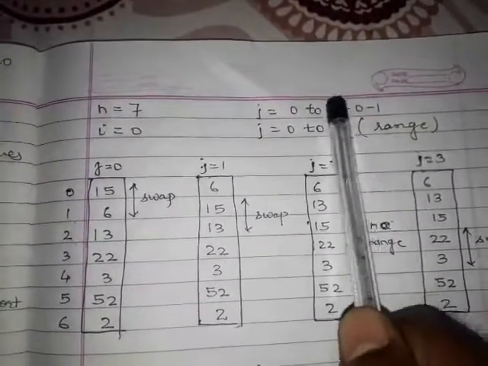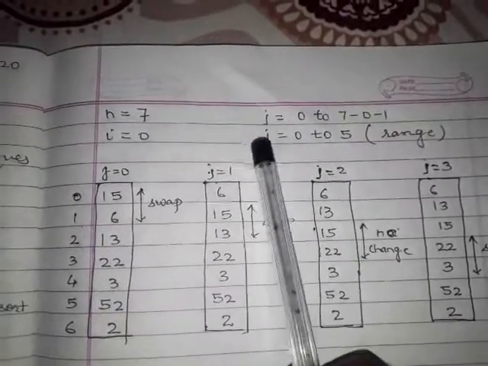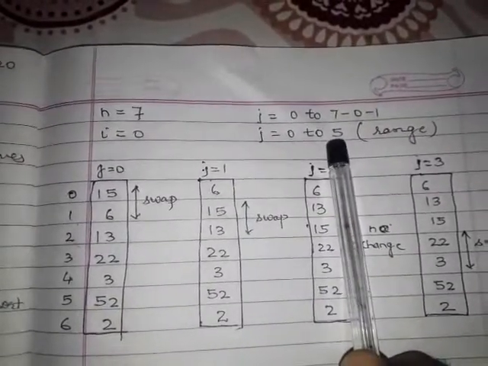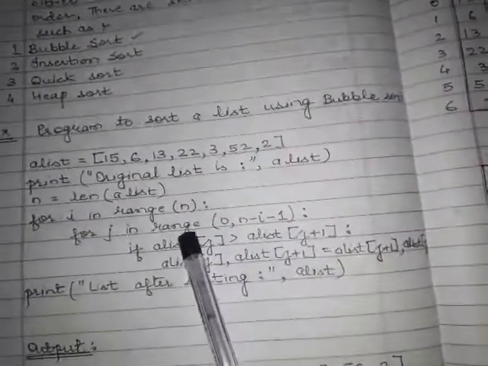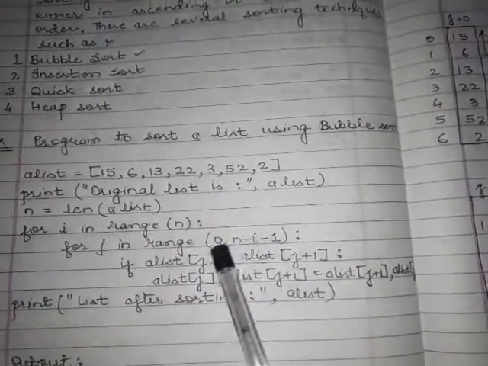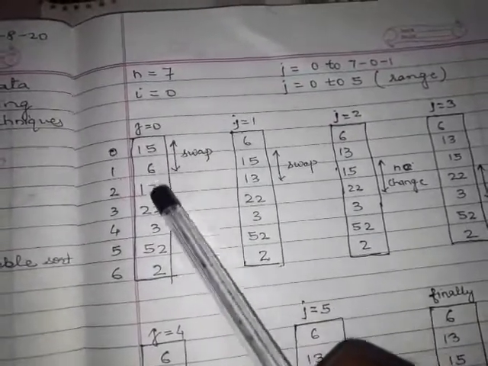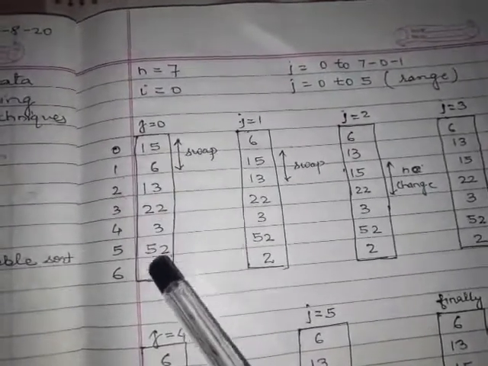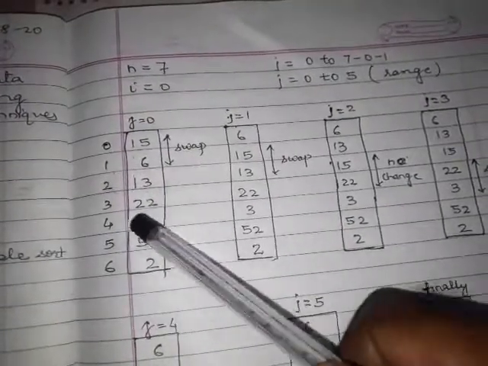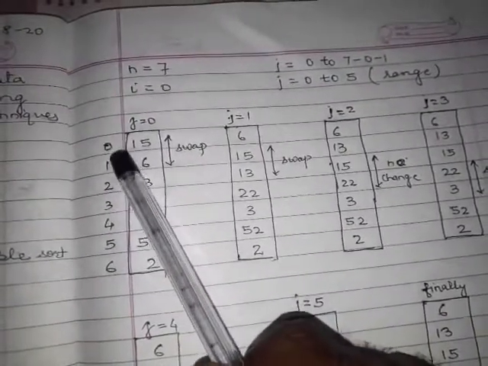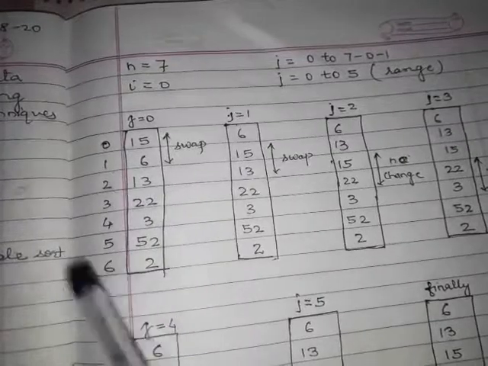So for range, 6 will be converted to 5, meaning j will be from 0 to 5 in this inner for loop the first time. So here is our list: 15 6 13 22 3 52 2. This is our original list, and this is our index 0 1 2 3 4 5 6.